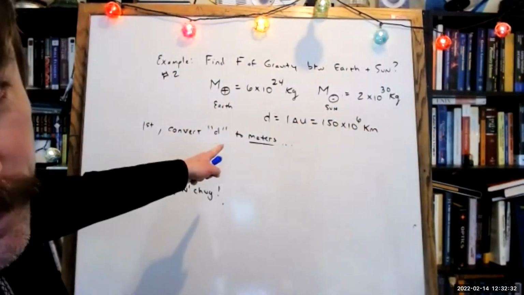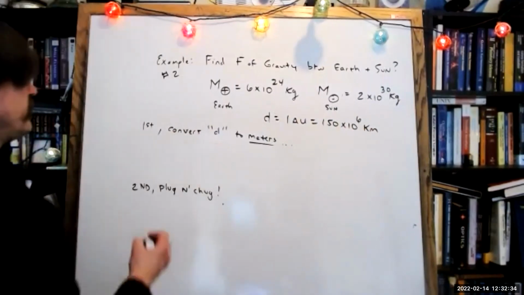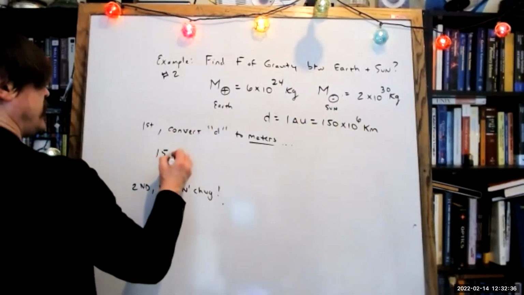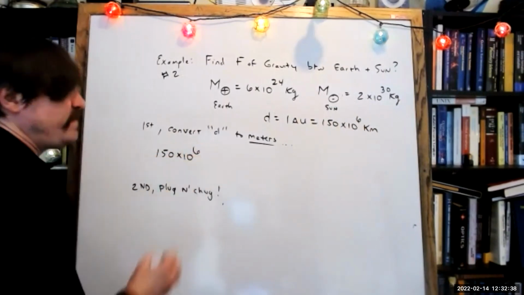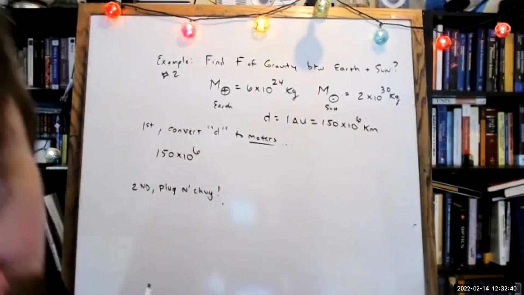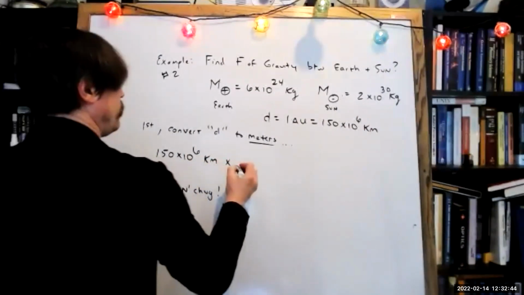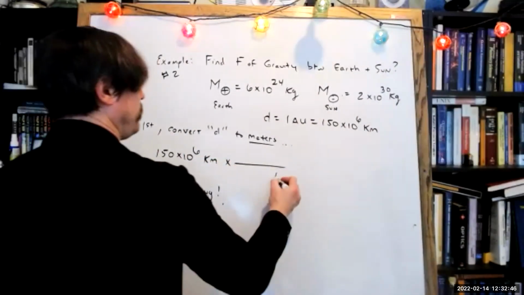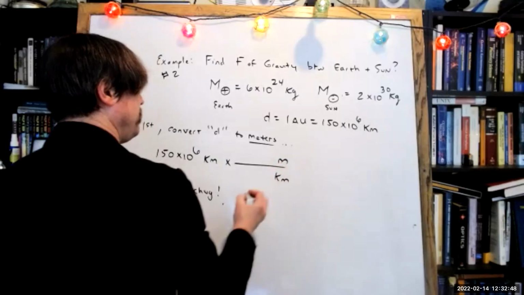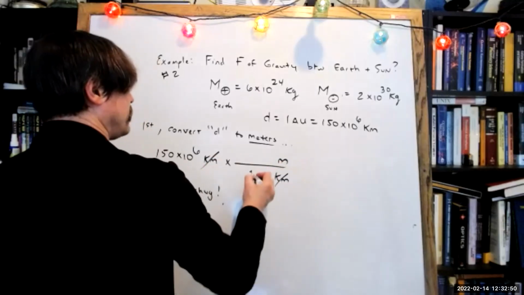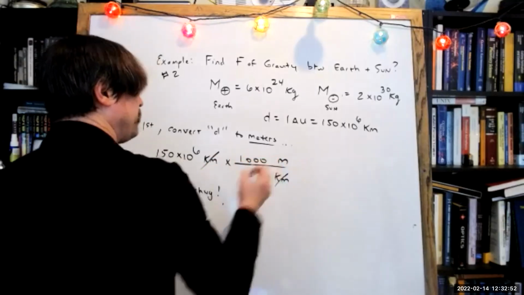Same issue. The first step is to convert the distance to meters. So we start with 150 million kilometers. We then multiply by a division bar. We put kilometers on bottom. We put meters on top. We cancel out. 1 kilometer is 1,000 meters.